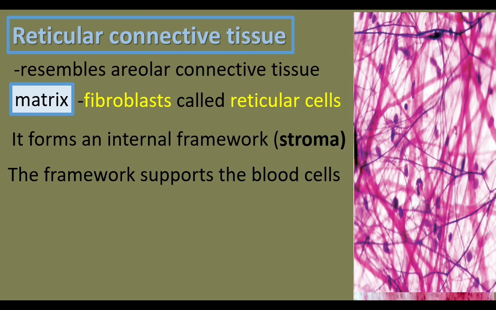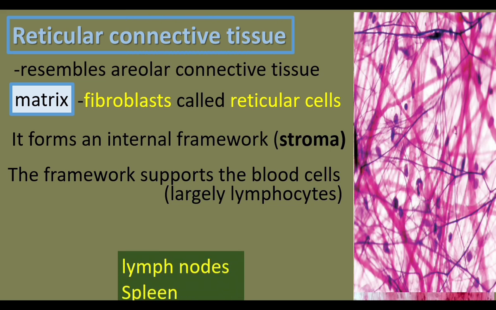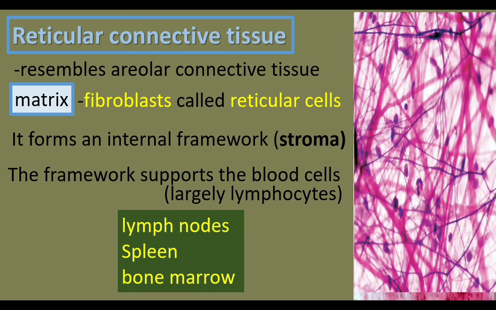Reticular connective tissue is found inside the organs. It supports largely lymphocytes. Lymph nodes, spleen and bone marrow have reticular connective tissue as internal framework. In the internal framework, blood cells are supported.